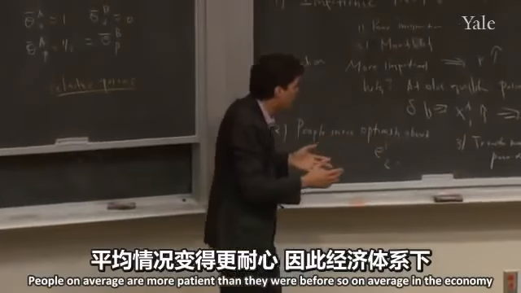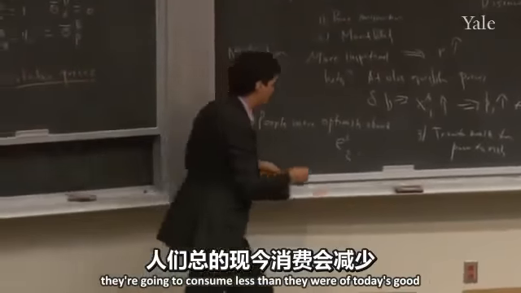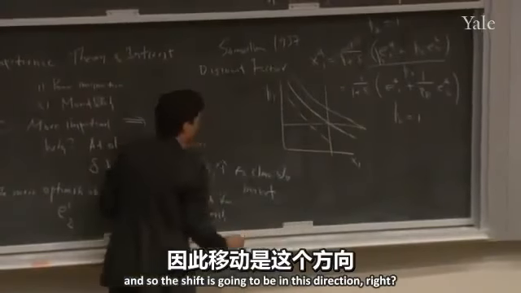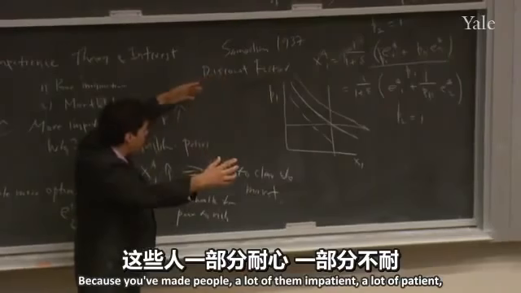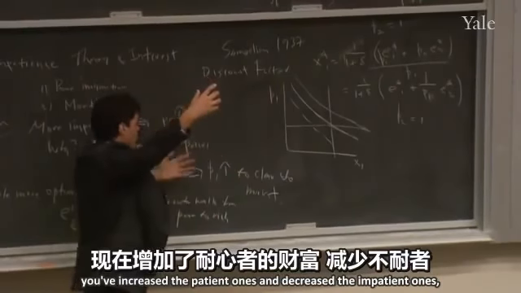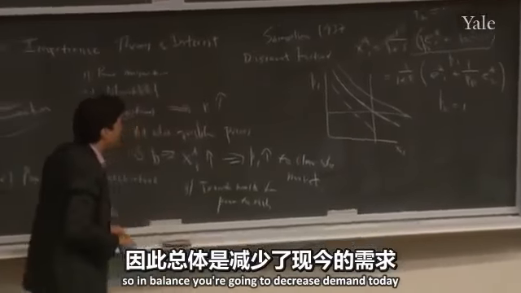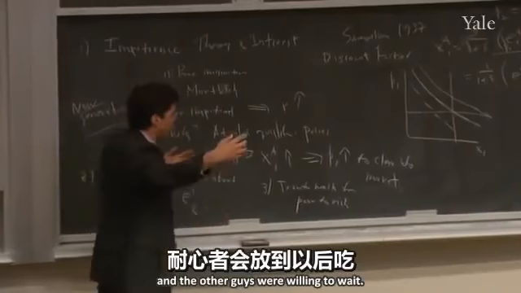People on average are more patient than they were before, so on average in the economy they're going to consume less of today's goods. You've increased the patient ones and decreased the impatient ones, so in balance you're going to decrease demand today, because it was the impatient ones who wanted to eat today, and the other guys were willing to wait.